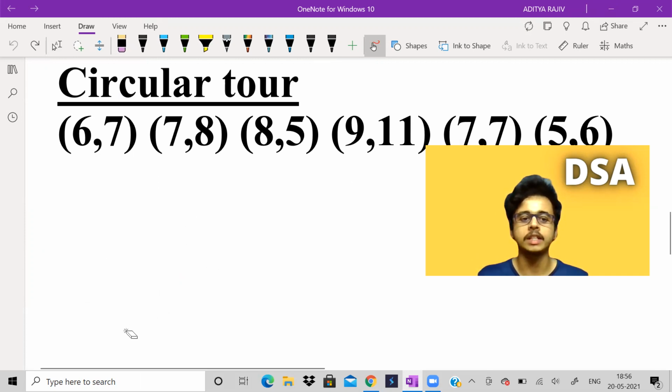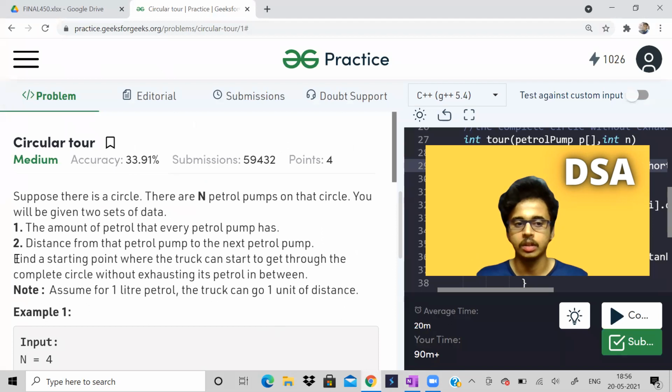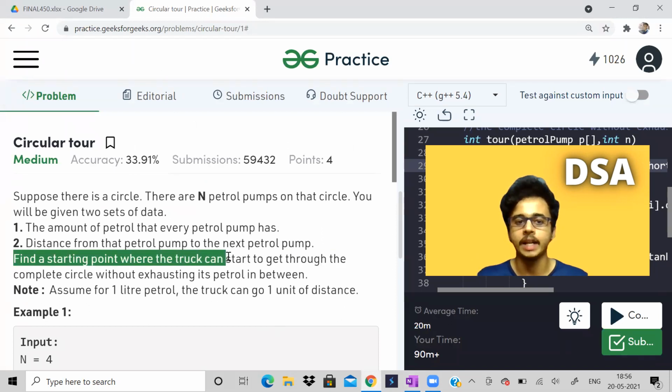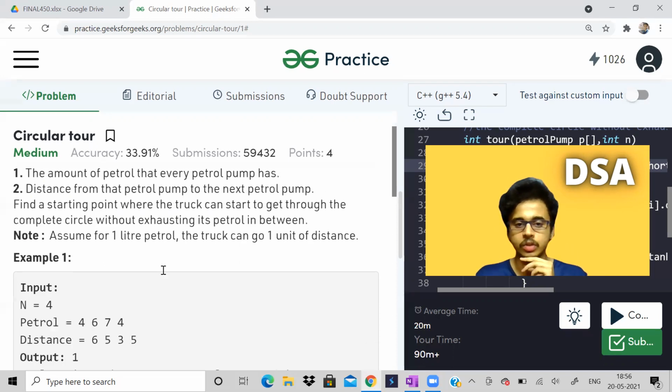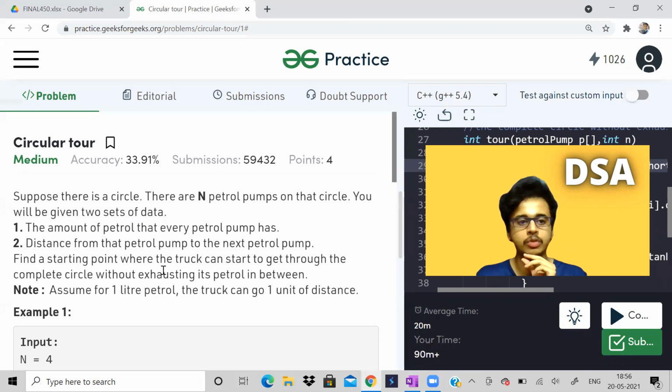We are supposed to tell from which starting index, so we have to find the starting index such that we can take a complete tour. We can go around the complete circle, go to all the petrol pumps and come back to that starting petrol pump. We can choose any one, but we have to choose the minimum.